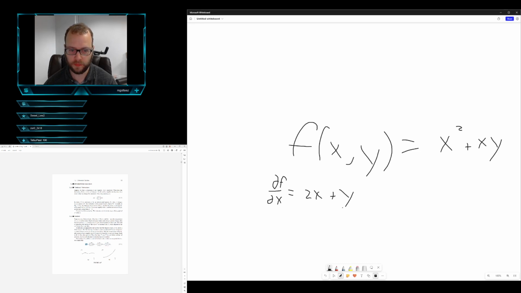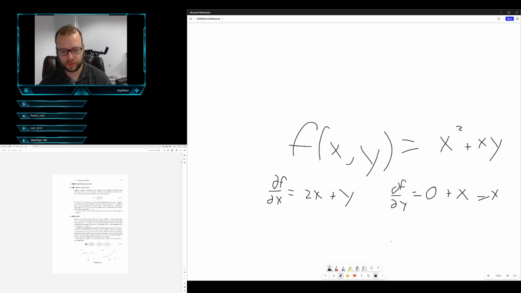So we have y. And the partial of f with respect to y, x squared, there is no y in here, so it's going to be 0, plus derivative of y is 1, x. There we go. Very simple. We'll get into more complicated functions later, but for now, we'll stick with this.